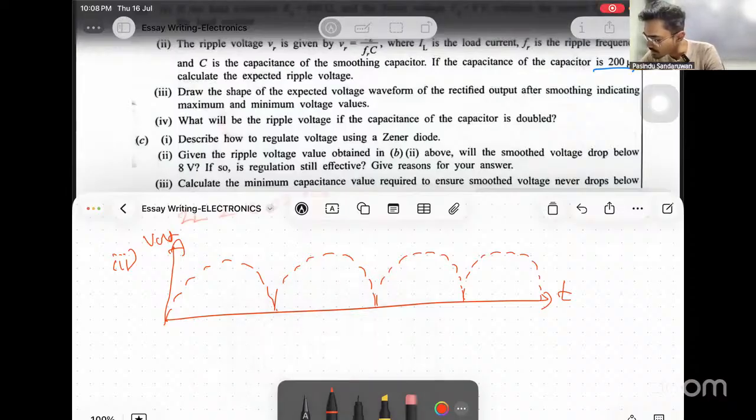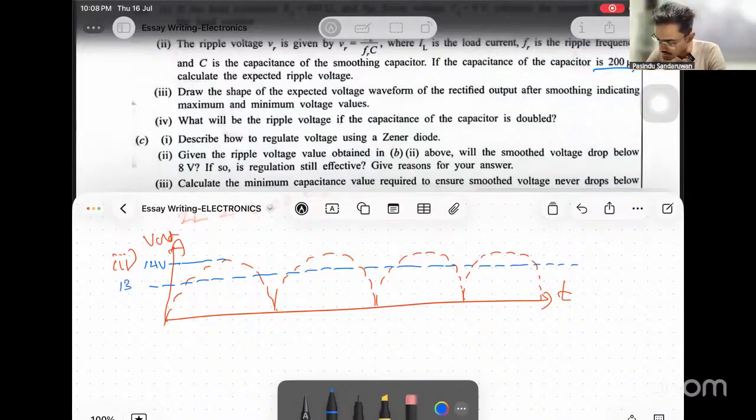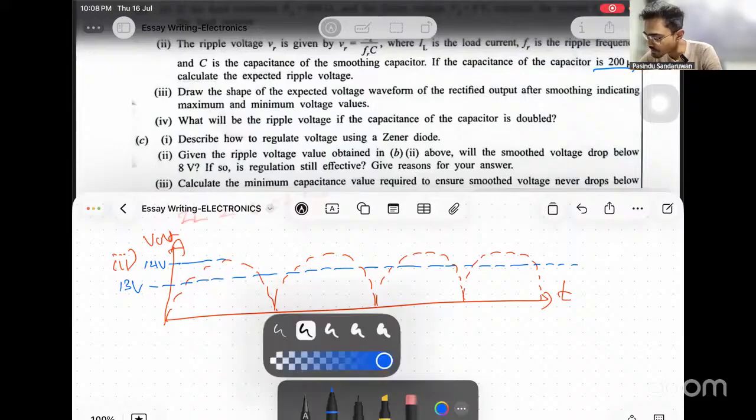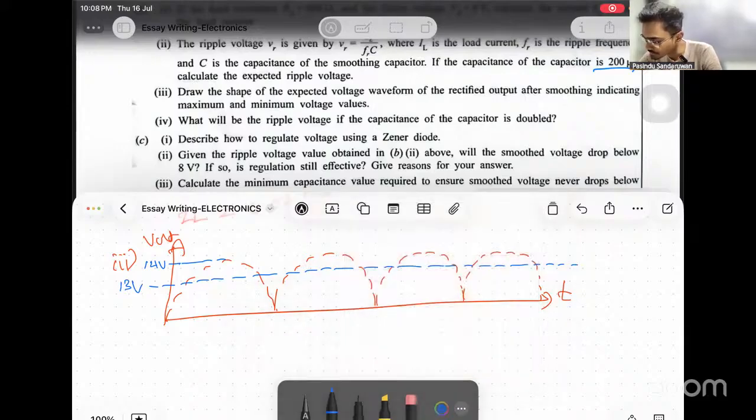The peak is at 14 volts, and ripple voltage is 1 volt, which means it is going to drop by 1 volt, to 13 volts. So the final shape is like this. It reaches the peak and drops only up to this level.